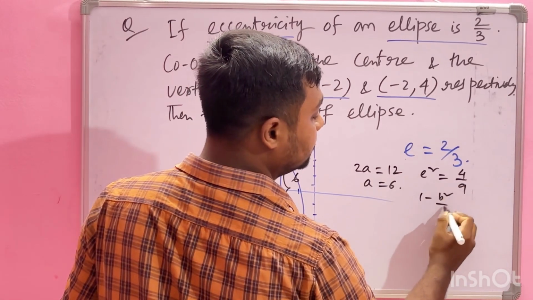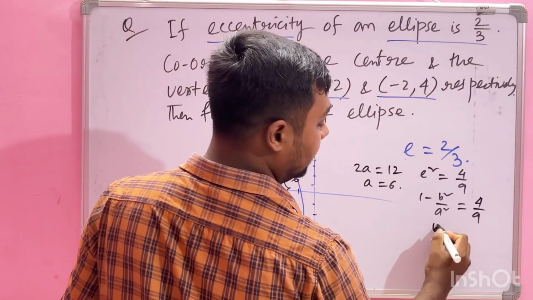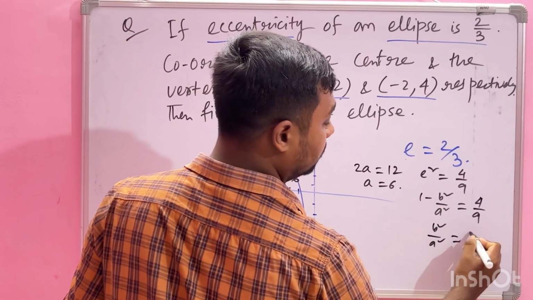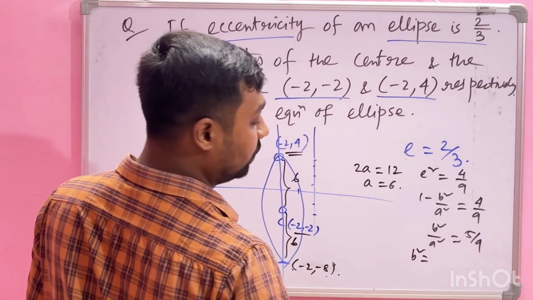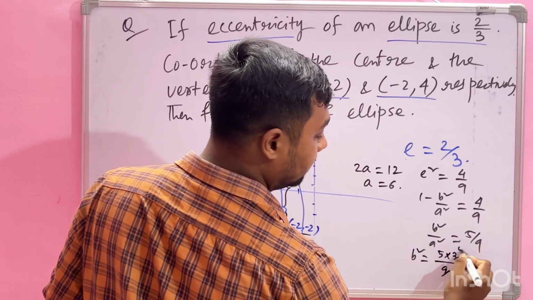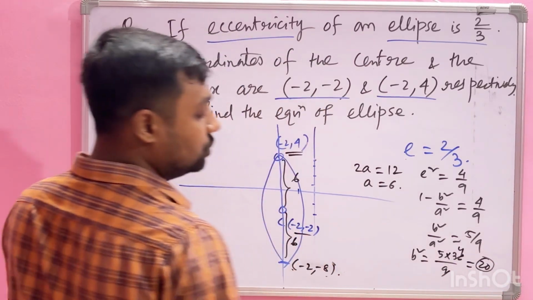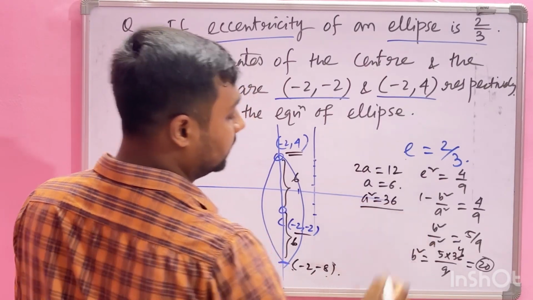So 1 minus b²/a² equal to 4/9, that is b²/a² equal to 5/9. So b² equal to 5 times 36/9, that is 20. So b² equal to 20 and a² equal to 36.